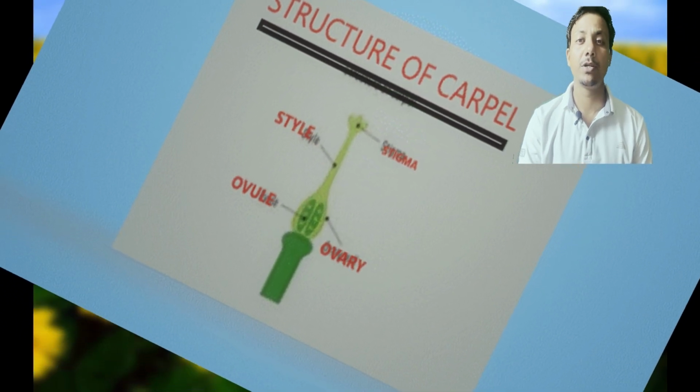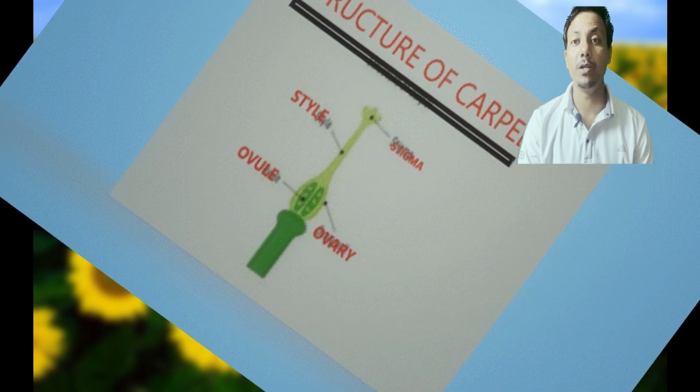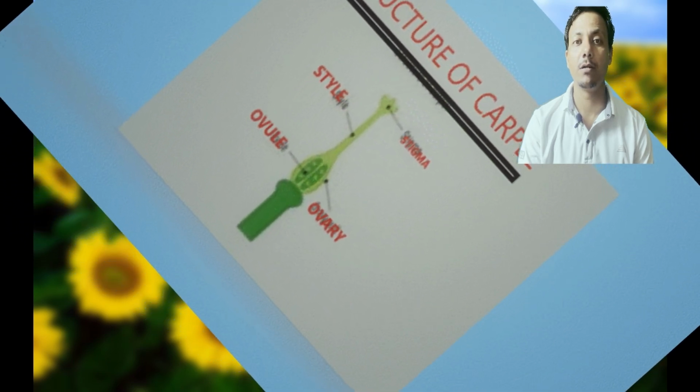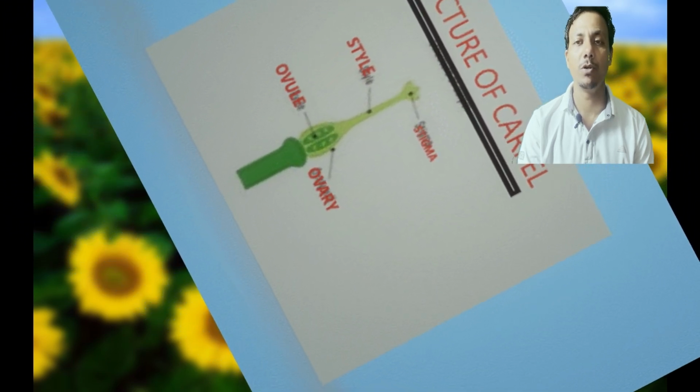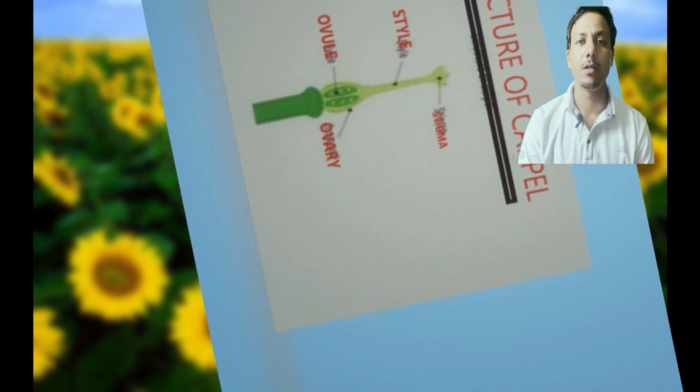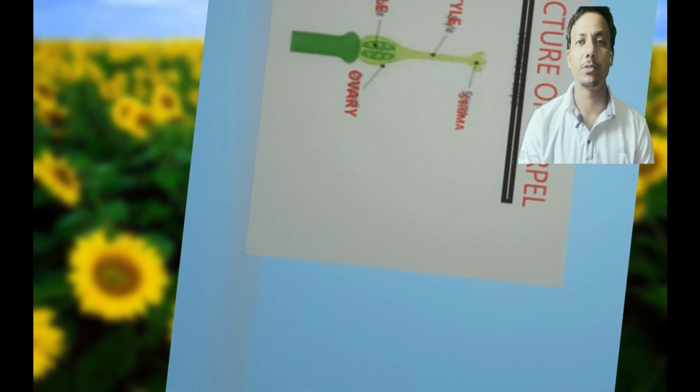Style: the elongated tube connecting ovary and stigma, which provides a path for the pollen tube. The next part is stigma, a sticky or feathery surface to capture pollen.